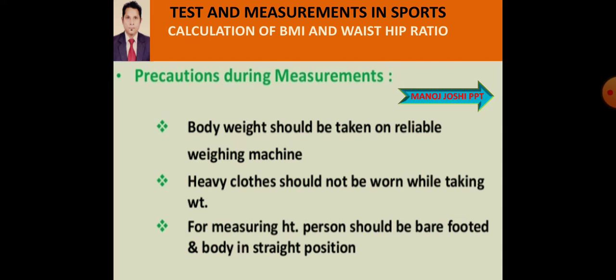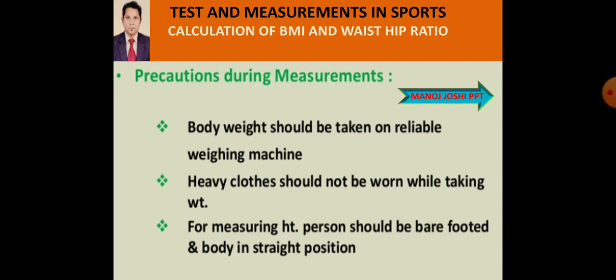For measuring height, the person should be barefooted and the body in a straight position. So height and weight should be taken carefully. Then we can know about the actual body mass index. So this is about the body mass index, BMI.